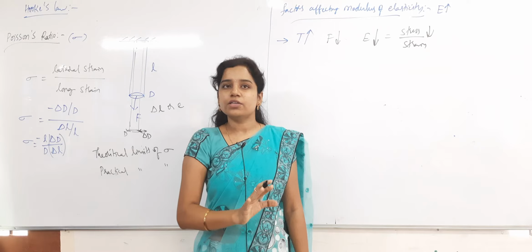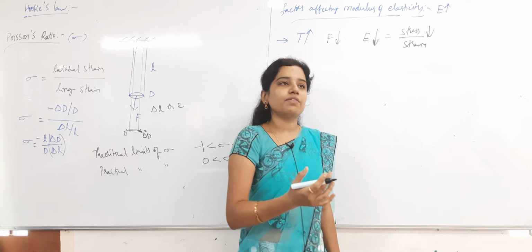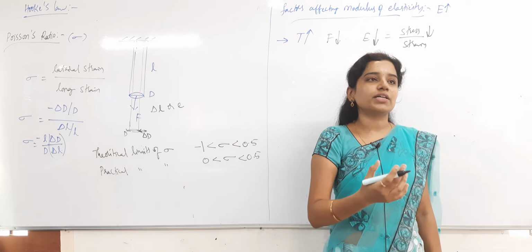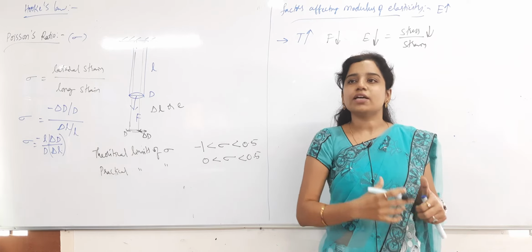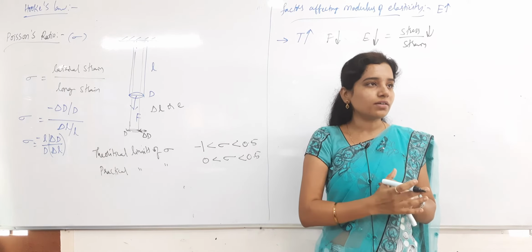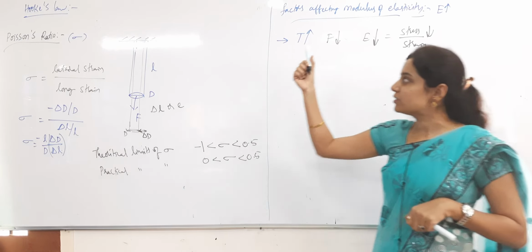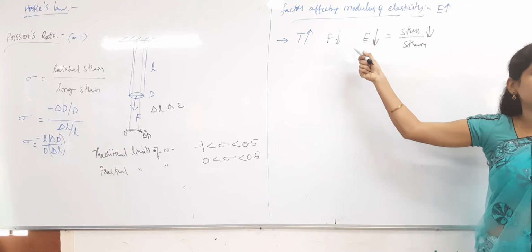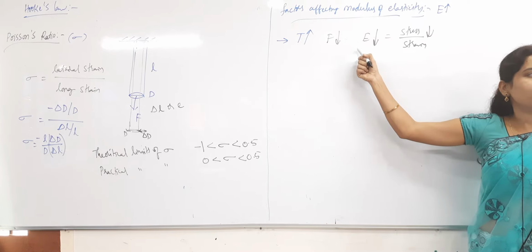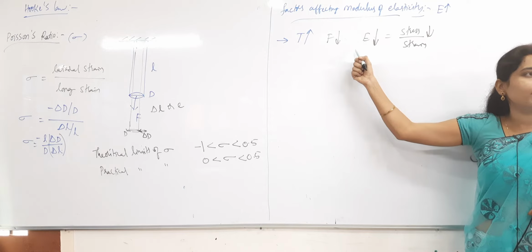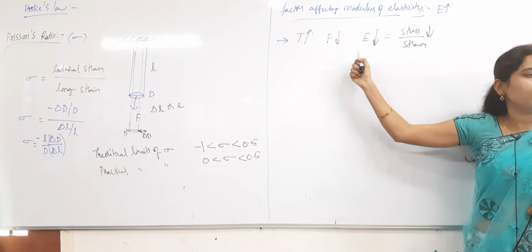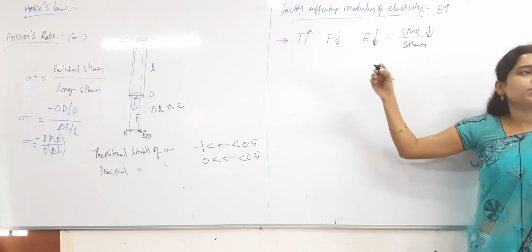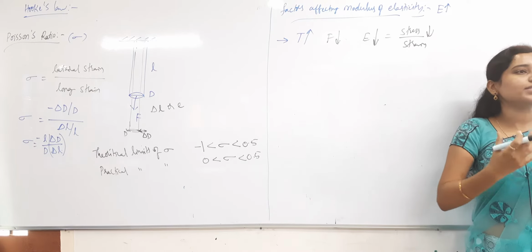You got the point? So whenever you are increasing the temperature, you will think that elongation increases, so that elasticity also increases, but that's wrong. What is the reason? Elongation will be inversely proportional to the modulus here. So many people said that E will increase immediately. Why? Because they thought that the strain will increase.